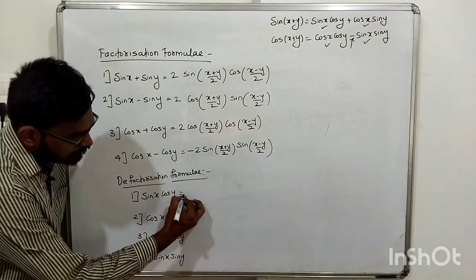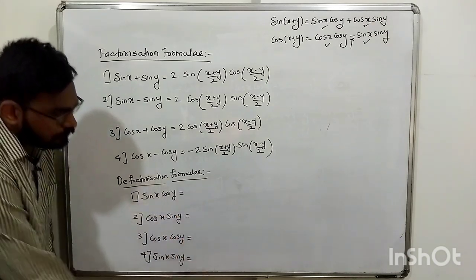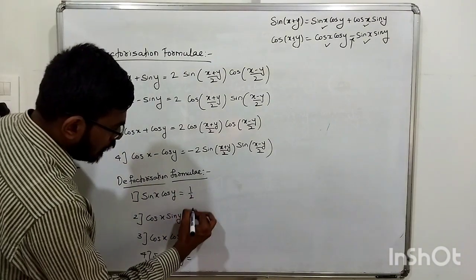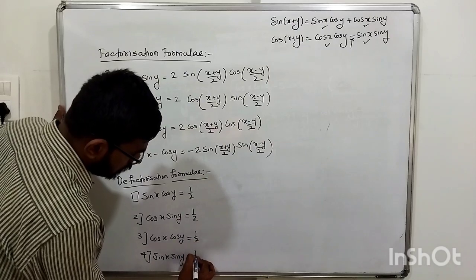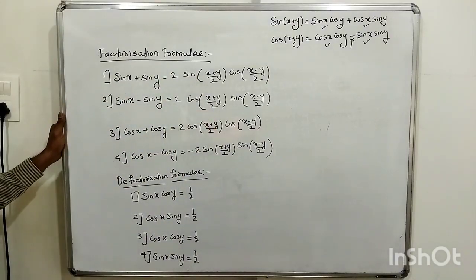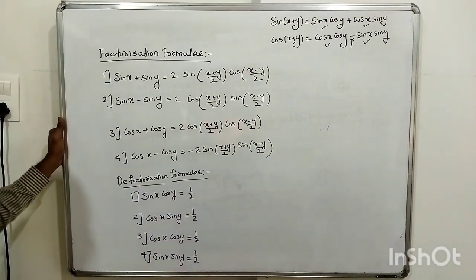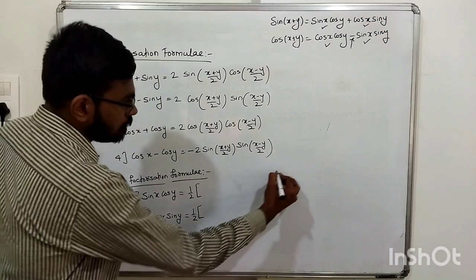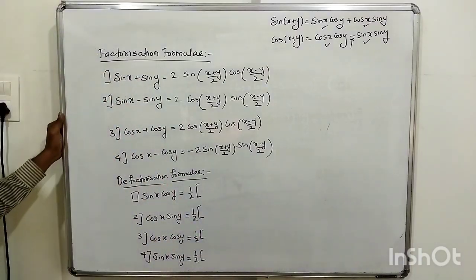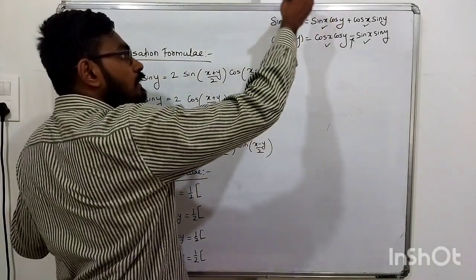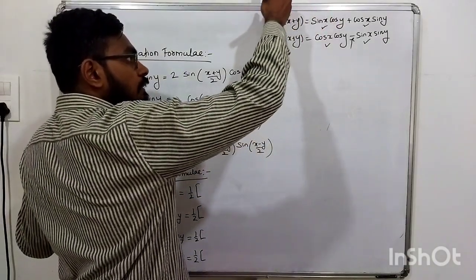Now, how do we remember this? Here there was 2, same way here we write half, or you can write this 2 here, no problem. And here we put a square bracket like this. Now, sin x cos y, first one, so just write sin plus sin.